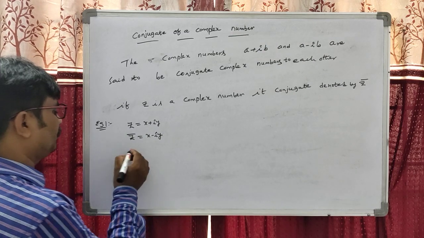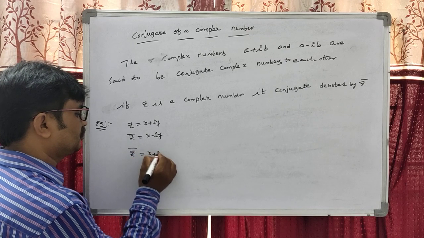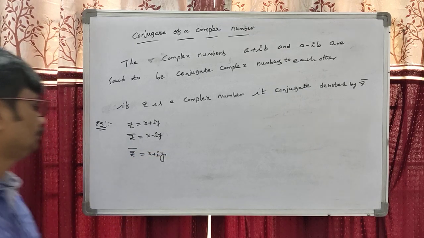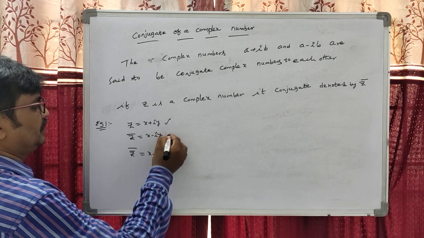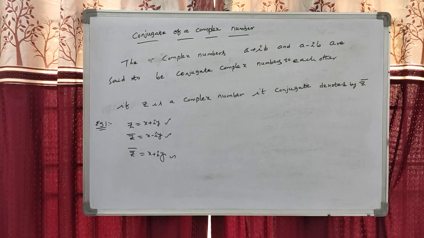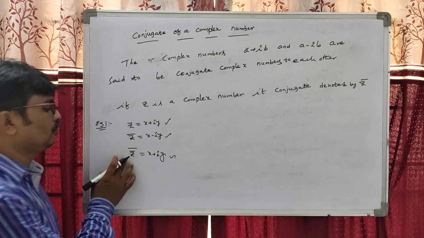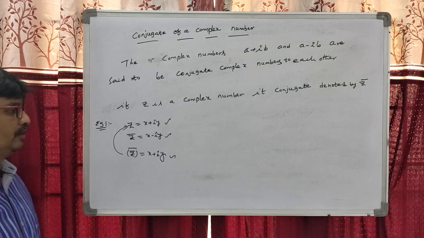Okay students, after then z bar whole bar is also x plus iy. Therefore z bar whole bar is equal to z. Are you understand students?